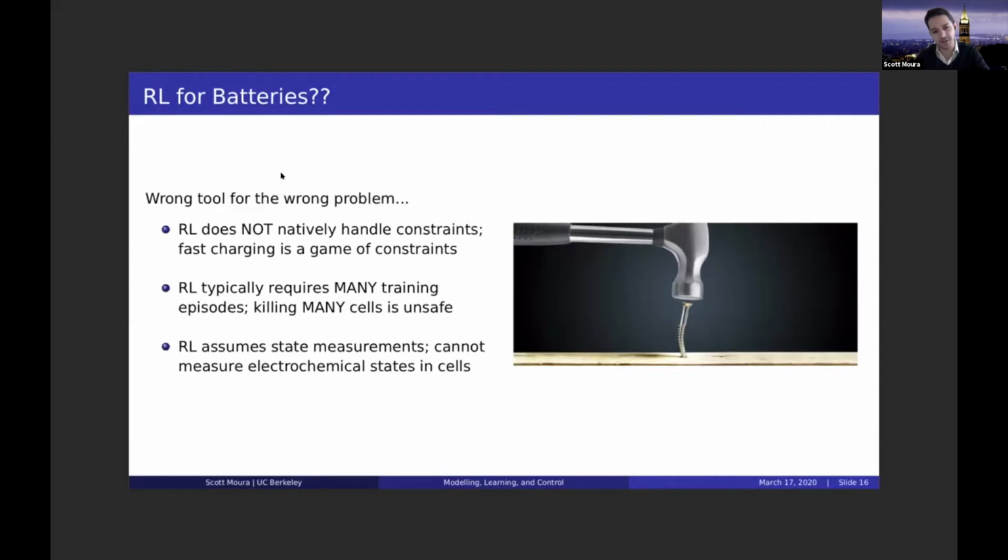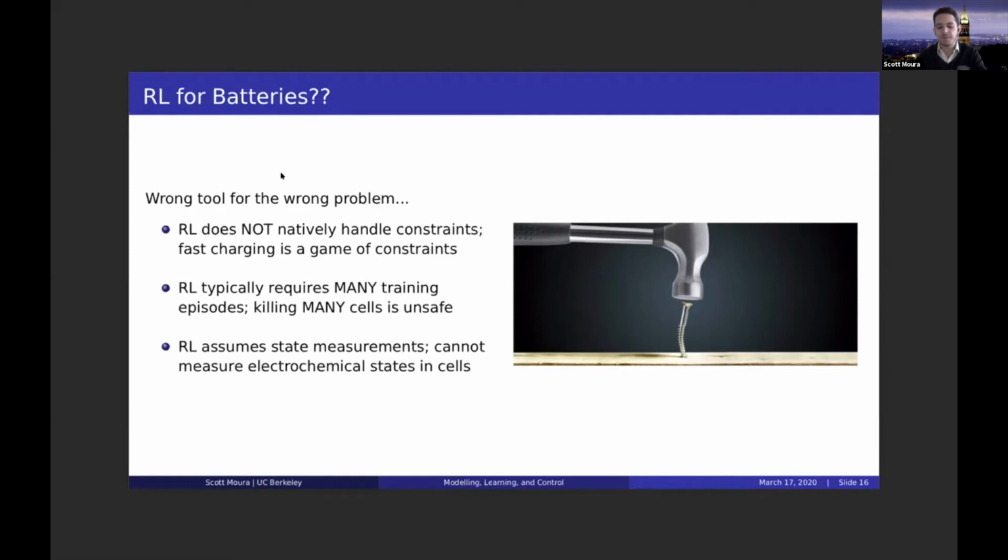So in particular, reinforcement learning does not natively handle constraints, and fast charging is a game of constraints. That is, we want to pump as much current into the battery as possible while maintaining these electrochemical states in a safe operating region. Also, RL typically requires many training episodes.